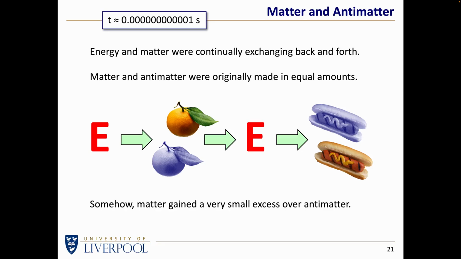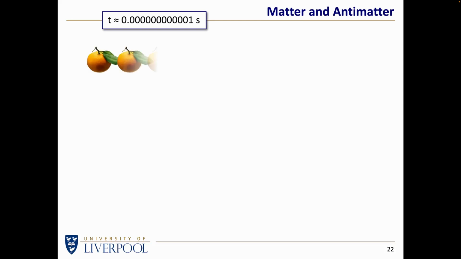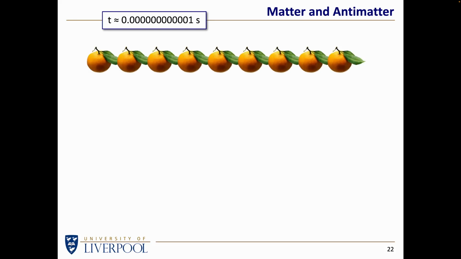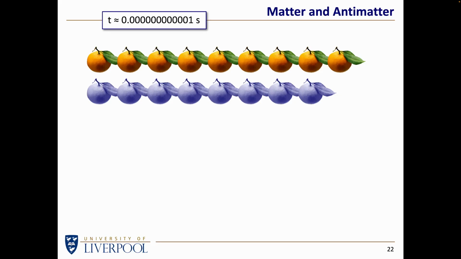Somehow, via a process that we do not really understand, matter gained a very small excess over antimatter. Naively, we might expect that we always generate the same amount of matter and antimatter, but somehow that symmetry was broken. What that means is, at this particular point in the early universe, we might make an awful lot of matter, but we might produce slightly less antimatter.